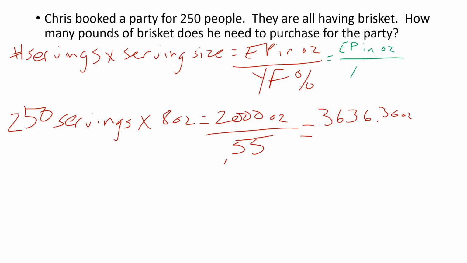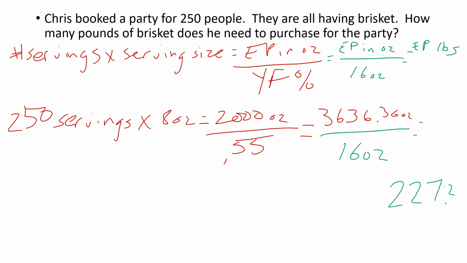And we divide by our 16 ounces to get our EP pounds. Okay? So now we divide by our 16 ounces, and I need to get 227.3 pounds of brisket, okay? 227.3 pounds is what I have to order in order to have enough brisket to serve, okay?